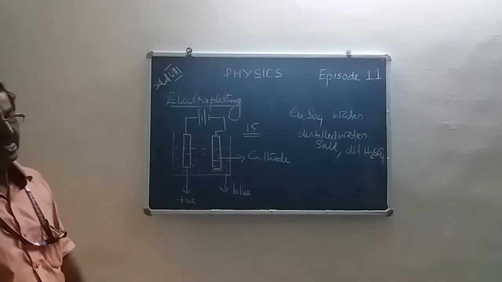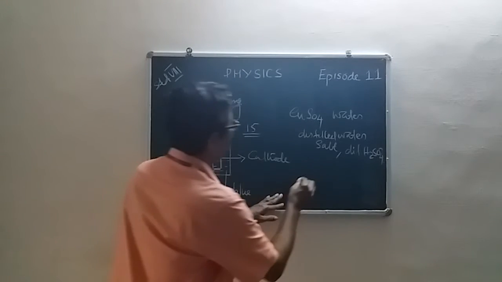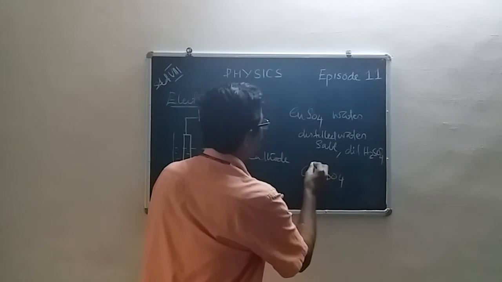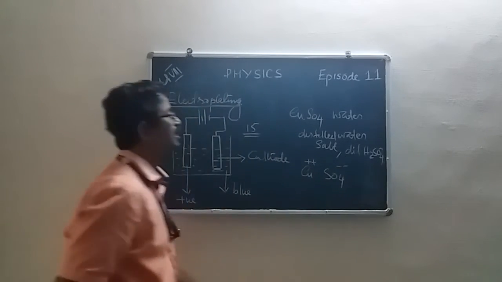In copper sulfate there are two ions: copper 2 plus and sulfate 2 minus.